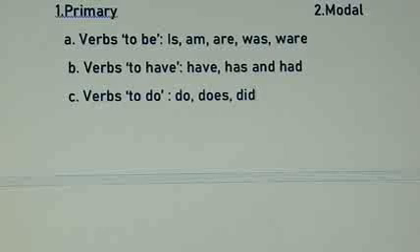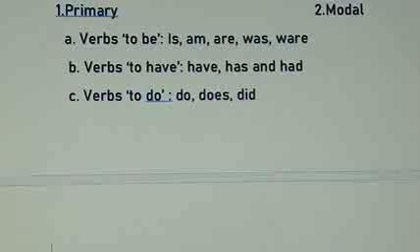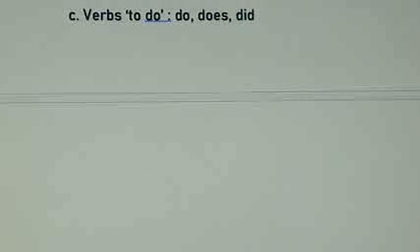Okay, so dear children, the first group that we are going to discuss will be group number, of course, you can also write here A. In group A, we will discuss the verb to be group.